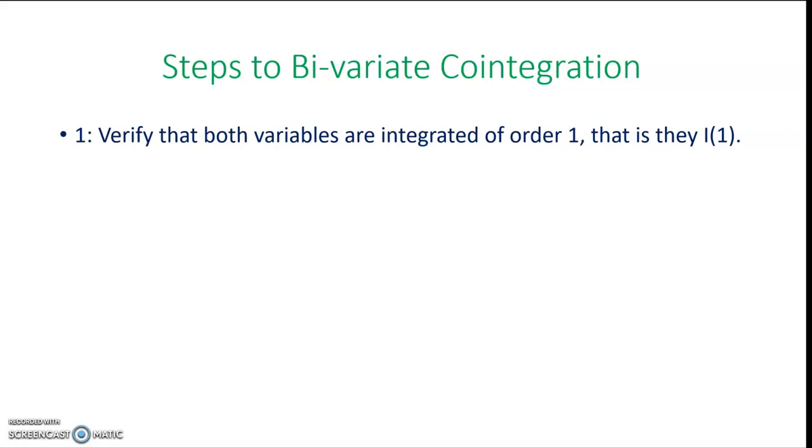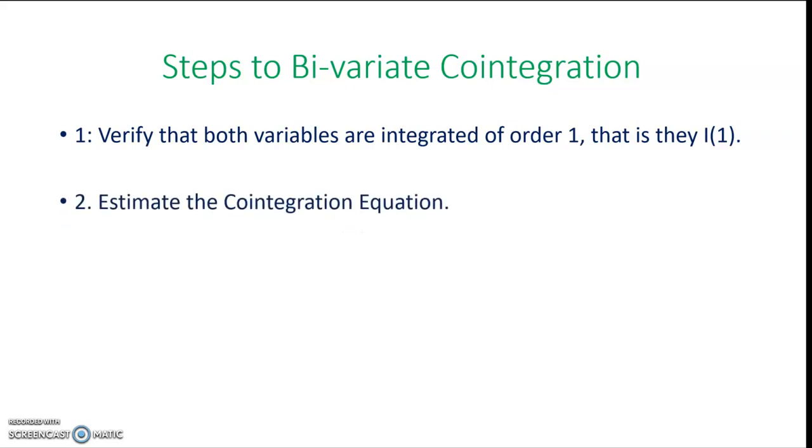Now, before I do that, let me introduce some of the important steps that will be taken for cointegration. This is a simple bivariate cointegration in which I'll relate two time series. The first step is to verify that both of the time series variables are integrated of order 1.